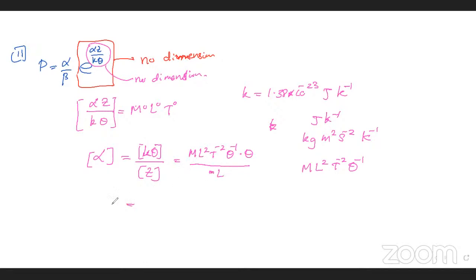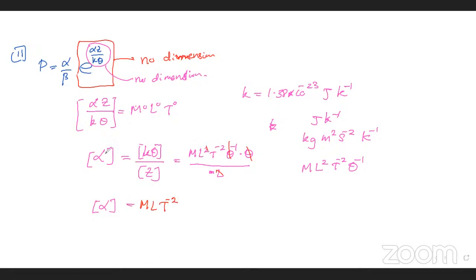So now you can find the dimension of this alpha term. Theta minus 1 and theta cancel out. You can write it like this: this is cancelled by this one, 1 cancelled by 1. So the remaining one is M L T minus 2.